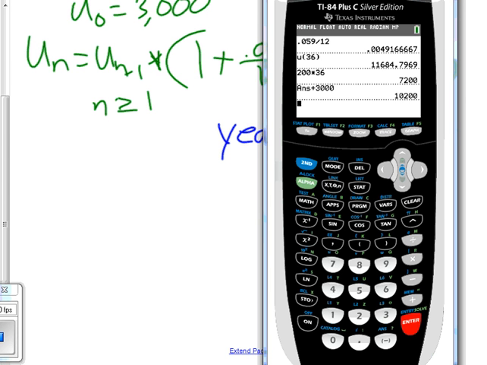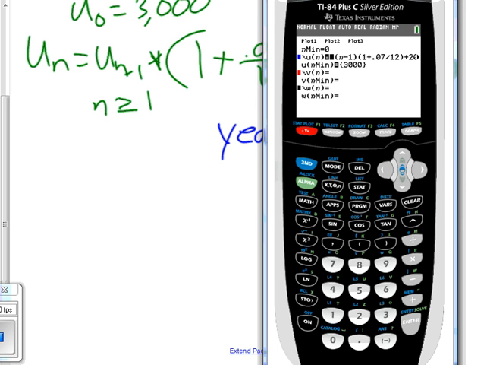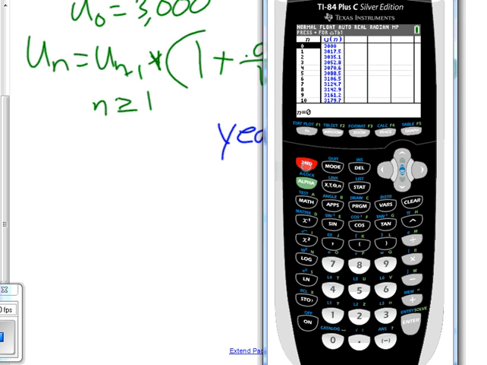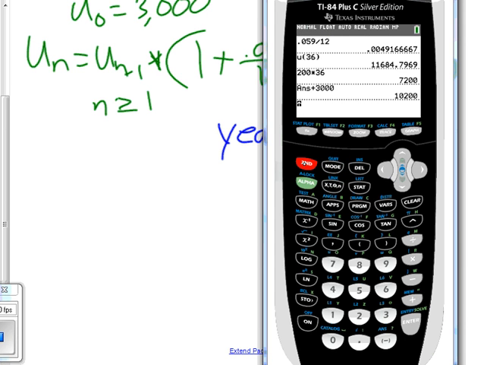So, how come you put more money in? Why wouldn't you just leave that $3,000 and let it grow? You could. It's just not going to grow as fast. So all that's going to do is basically stunt that down some. So if we delete this off of here, and go to the second U, then we go 36 months here.